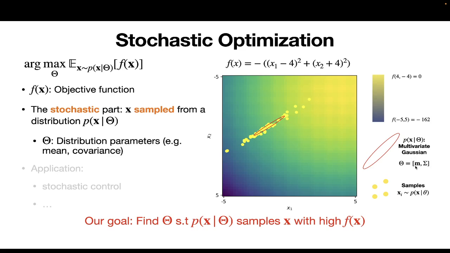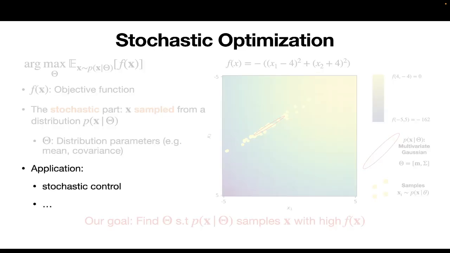The samples drawn from our multivariate Gaussian distribution are denoted as these yellow dots. Again, our goal is to update this multivariate Gaussian such that the samples drawn from it have higher objectives on average and therefore congregate around this optimum at (4, -4).